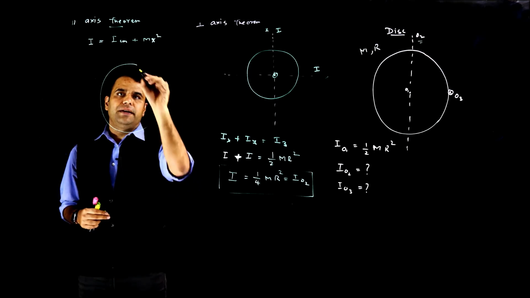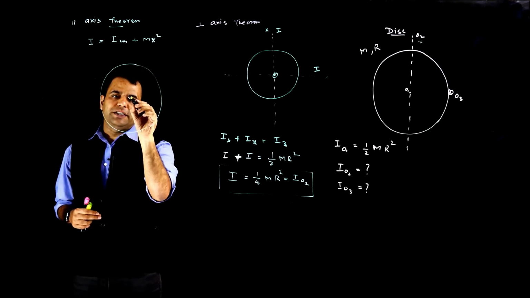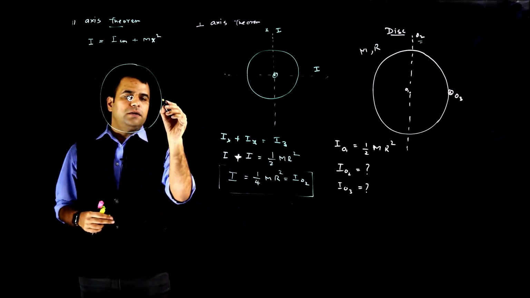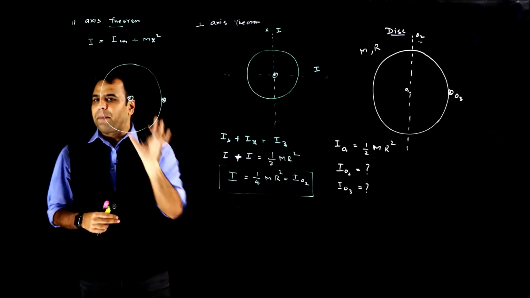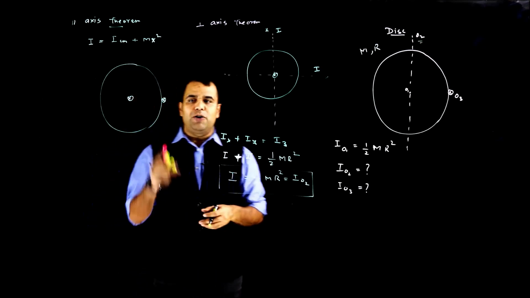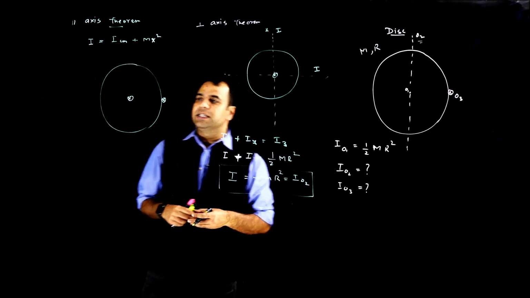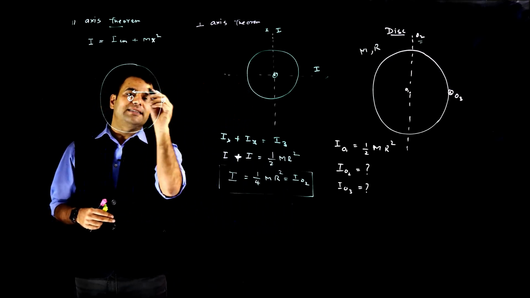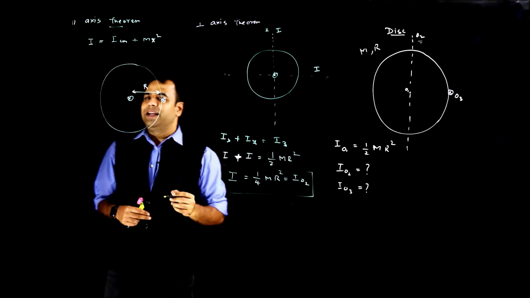So I have the disk, and the moment of inertia about this axis is known. The third axis, O3, and this axis are parallel. Since these two axes are parallel, about one axis I know the moment of inertia, about the other axis we want to calculate it, and the distance between these two axes is not x, it's r. So I can make the relationship.